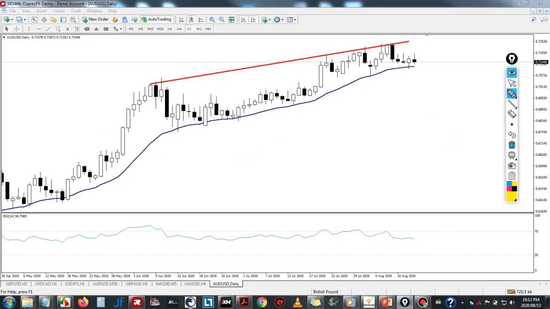So I can predict the turning point of this AUD/USD daily chart. Another thing is that the oscillator, the RSI, is making lower highs, while the price is making higher highs. I hope it's clear right now, my friends.